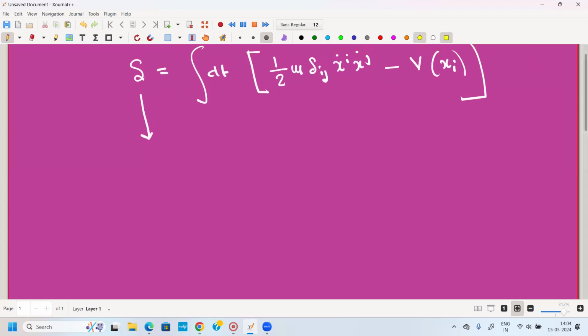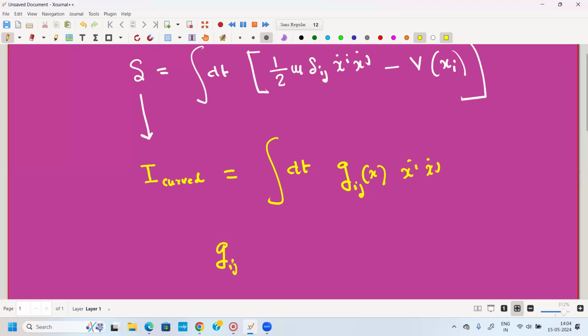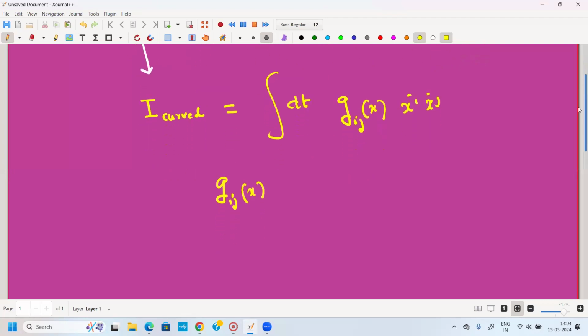And we have seen that this action is dynamically equivalent to the motion of a particle in a curved background, where G_ij is no longer the flat Euclidean metric.